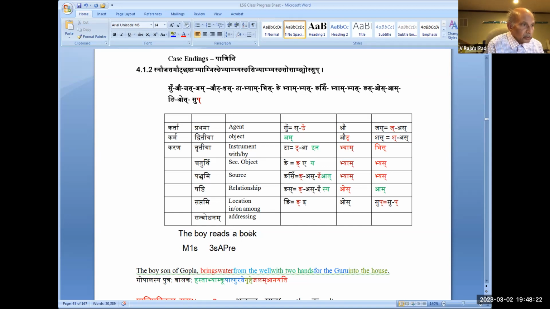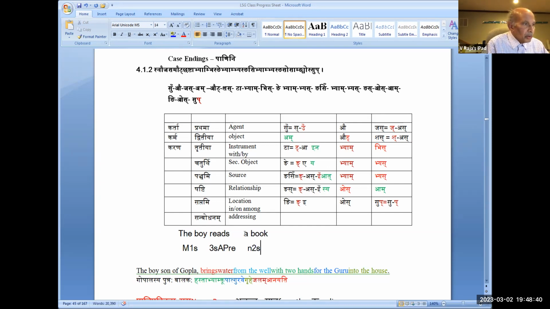And a book is neuter, and it's an object, so it is the dvitiya vibhakti, and it's singular.